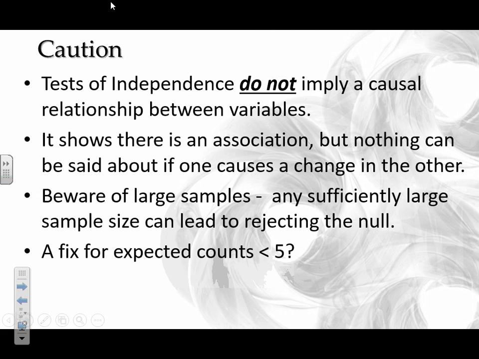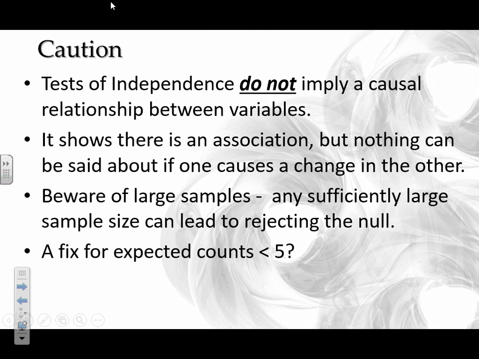Now, the other thing to talk about, when you're checking your conditions, when you get to the large counts condition, all of your expected counts have to be at least 5.